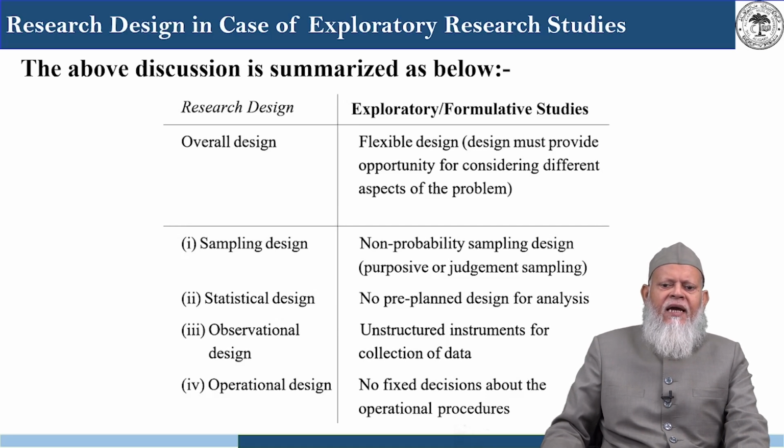The sampling design has to be a non-probability sampling design, purposive or judgment sampling, which means that it is the decision of the researcher. It is the judgment of the researcher whom to include in his sample and whom not to include in the sample.